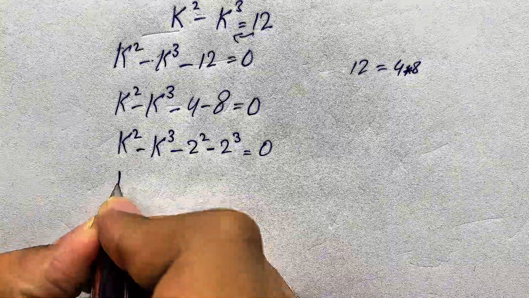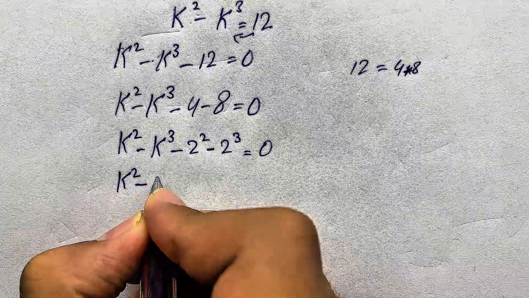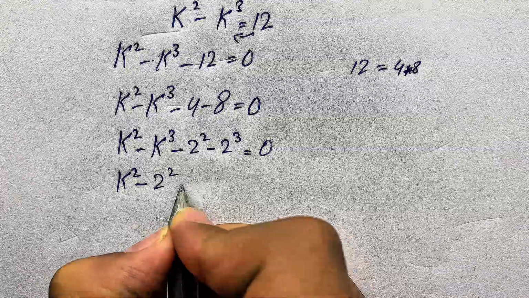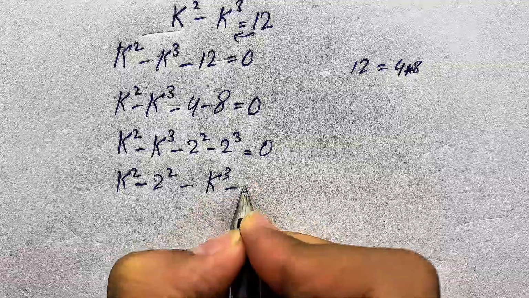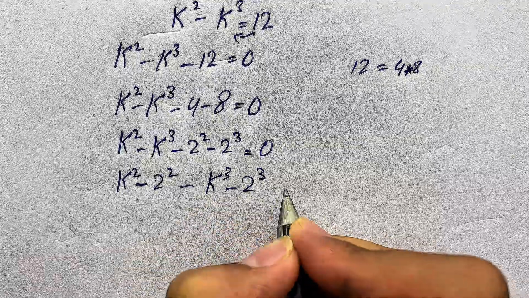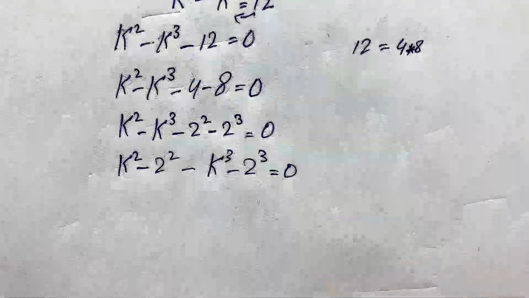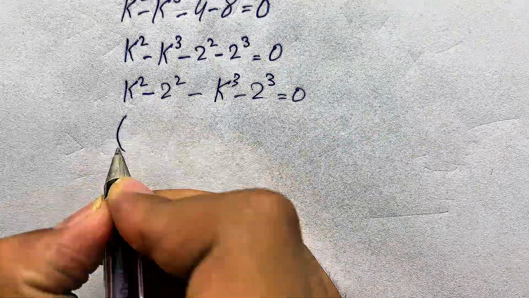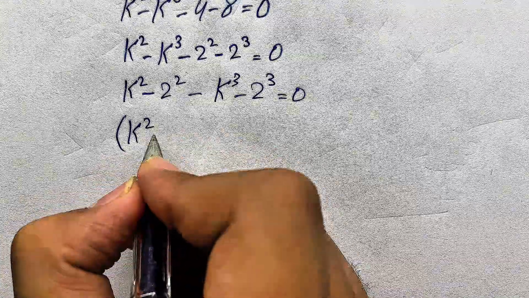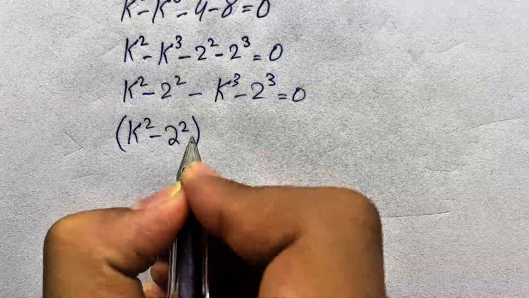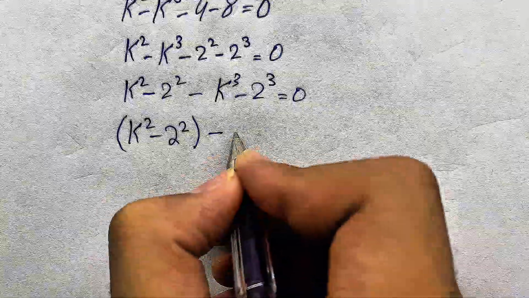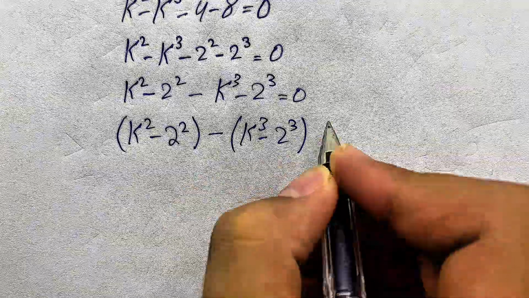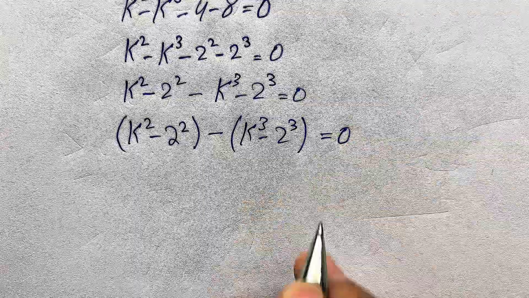In the next step, this will be k^2 - 2^2 - (k^3 - 2^3) = 0.